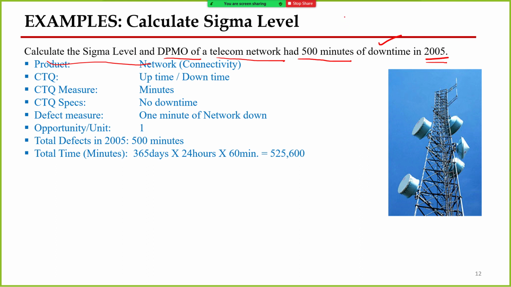So that means what are the number of defects we have? What are the number of opportunities we have in this particular example, and what are the total number of units we have? Because if we know these three things, we would be able to quantify the sigma metric. Can anyone tell me?